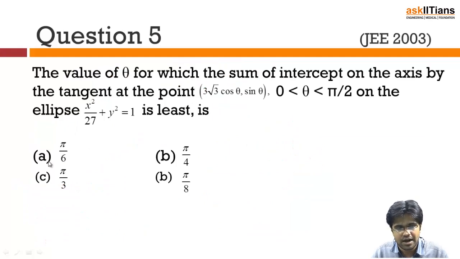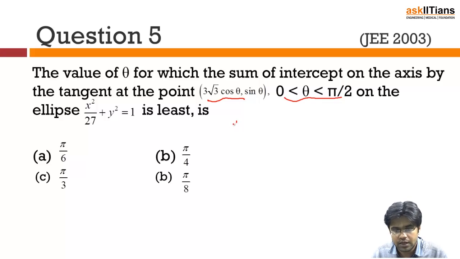Now let's move to the last question. The question says that we need to find the value of theta for which the sum of the intercepts on the axes by the tangent at this point on the ellipse is least. That means we need to find such a value of theta between 0 and pi by 2 such that the intercept sum is least. This question is very easy actually.